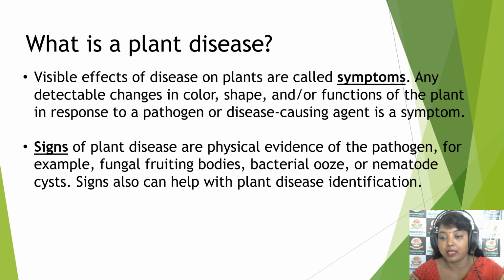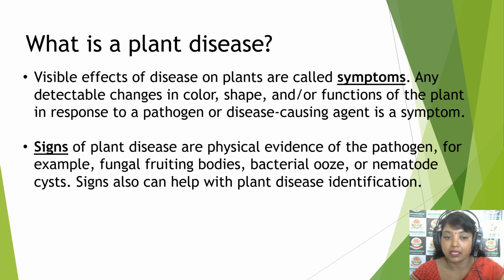What is a sign? When symptoms are shown and the pathogen is also detected, that is called a sign. When symptoms like drying or spots are seen, and we have detected the pathogen, the causal organism responsible for those symptoms, that is called a sign.